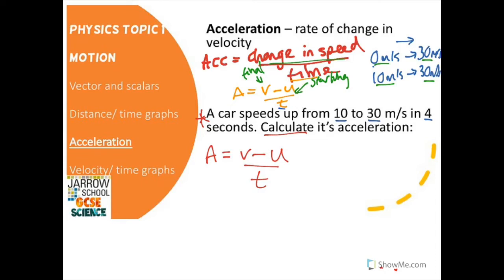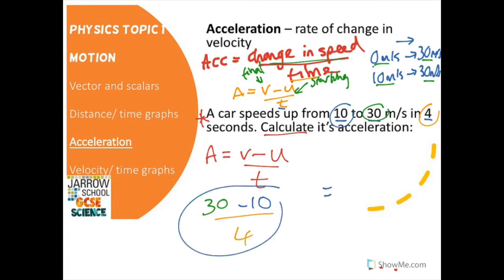So v was the final speed, take away the starting speed, divided by the time that it took. The third and final mark is for solving that. So 20 divided by 4 equals 5 meters per second squared.